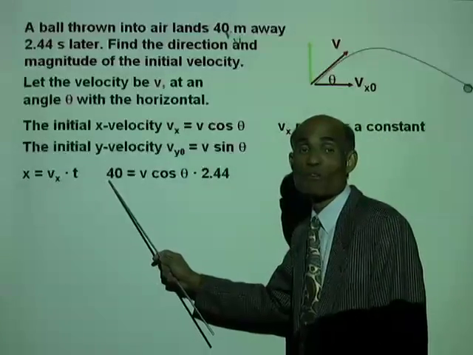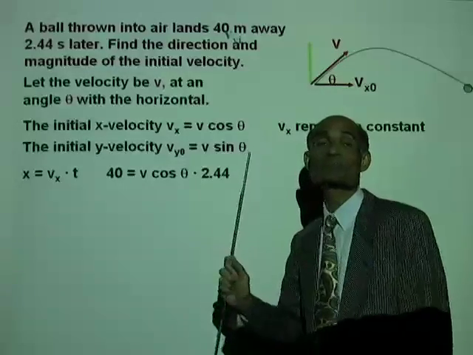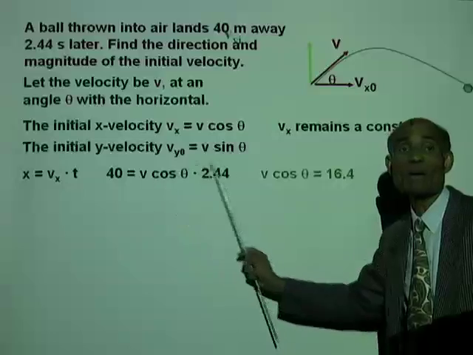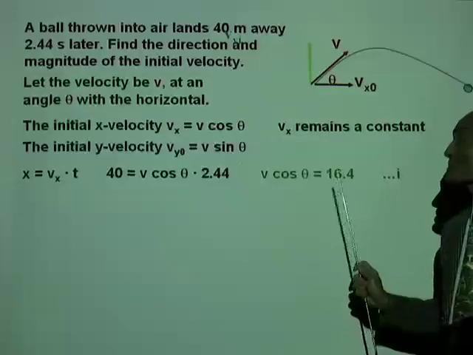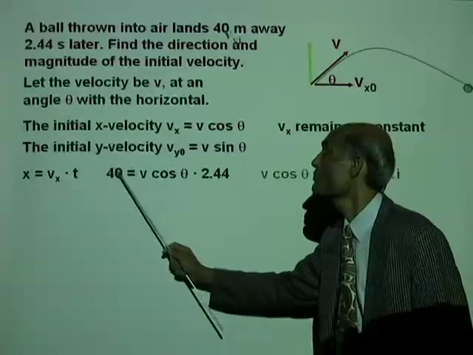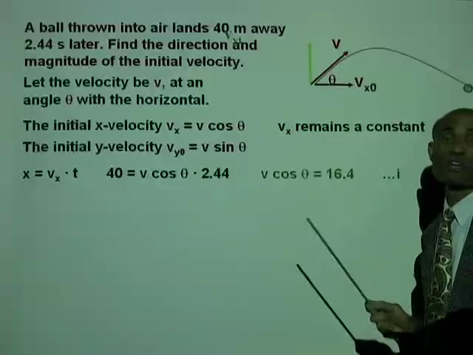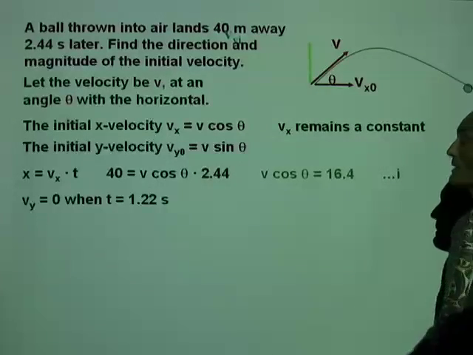So we have 40 equals v cos theta times 2.44, and that gives us one equation. V cos theta equals 40 divided by 2.44, or v cos theta equals 16.4.